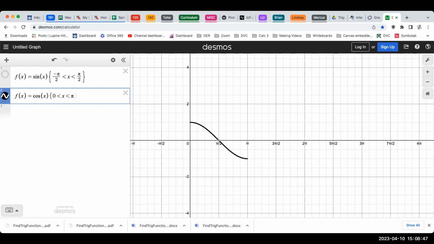So we wanted to graph this guy. Here, the x-axis is labeled from 0 to pi. So now I have to label the y-axis from 0 to pi. And the y-axis is labeled from 1 to negative 1. So I have to label the x-axis from negative 1.